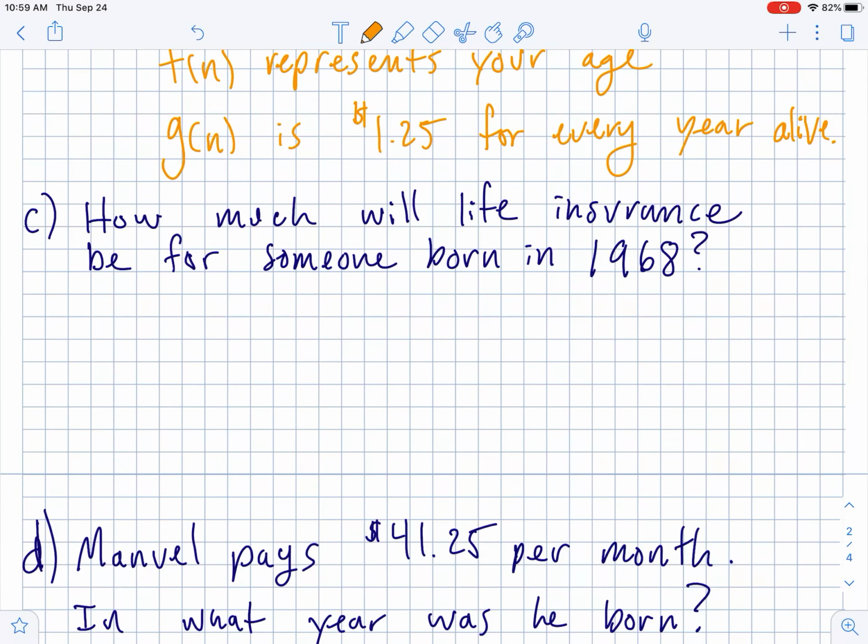How much will life insurance be for someone born in 1968? So for this, let's just use the master formula. So 1968 into $1.25 times 2017 minus 1968. So if you take 2017, which I'm assuming is the year this problem was written, and subtract 1968, that means the person is 49.